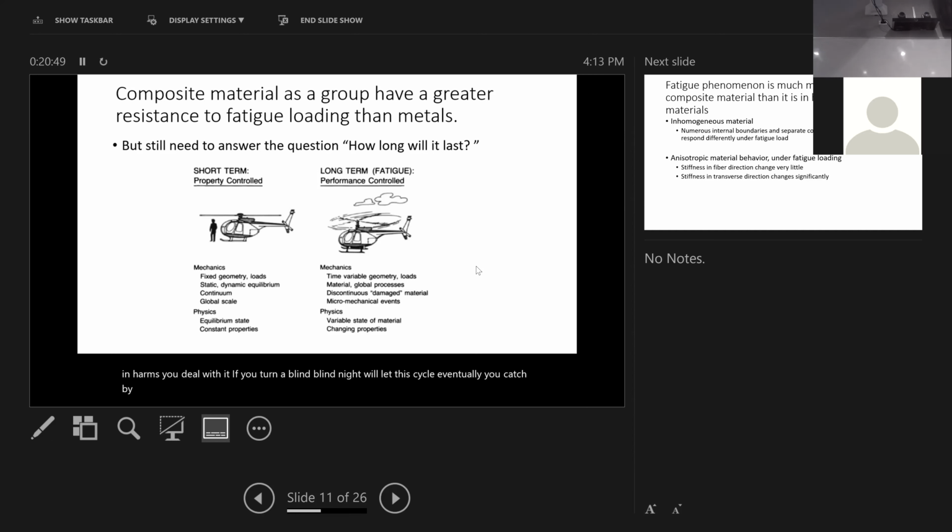The latest example is the Pratt engine you saw on the news, I think last year, where one of the fan blades fractured. It's a titanium fan blade. It's a hollow fan blade, made using some sort of lost wax casting process, and the cracks started from inside.